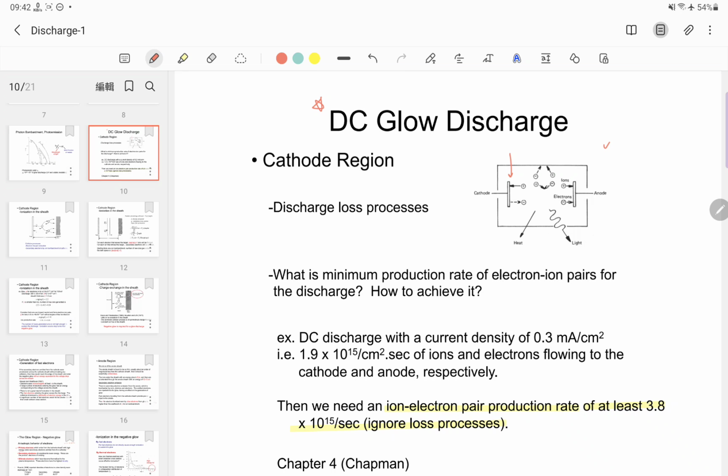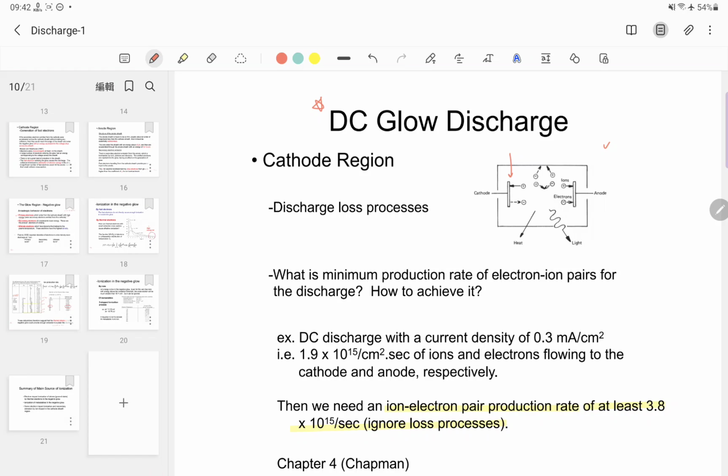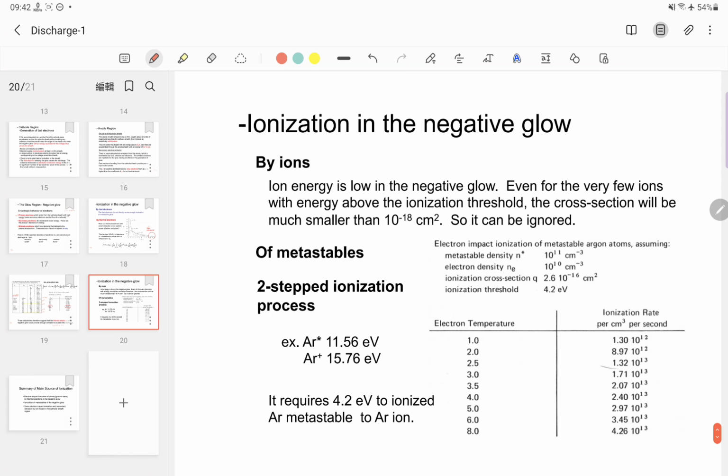And there are other particles or other species inside the plasma. So Chapman also considers these collisional processes, for example, ion impact ionization. When a cation collides with a gas atom, it can also cause ionization.